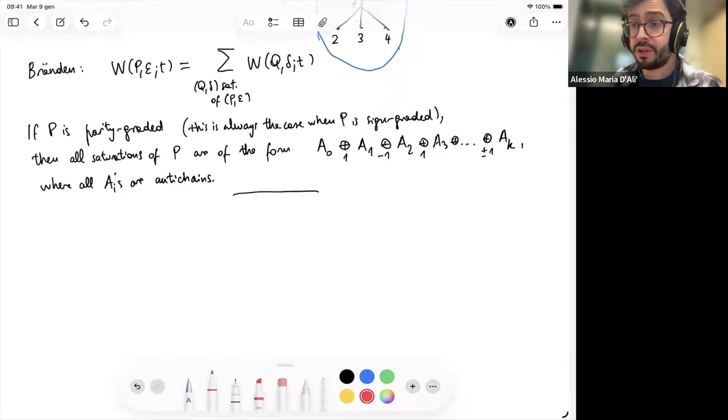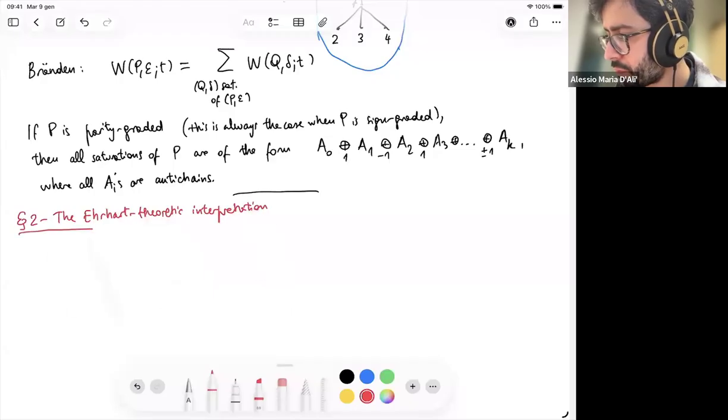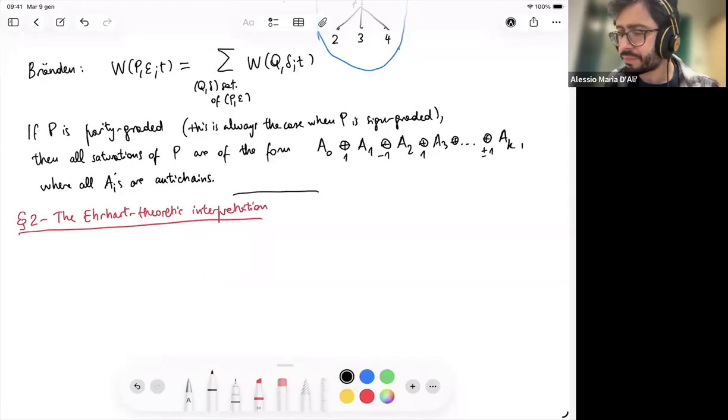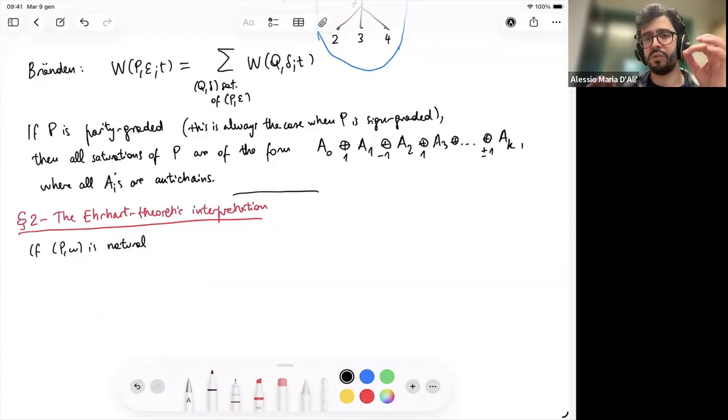Okay, quickly, I'm going to give an Ehrhart theoretic interpretation of this. So I'm going to link this thing to polytopes. If omega is a natural labeling, remember that meant that there were no edges in the Hasse diagram where the lower vertex had a higher index than the higher vertex.